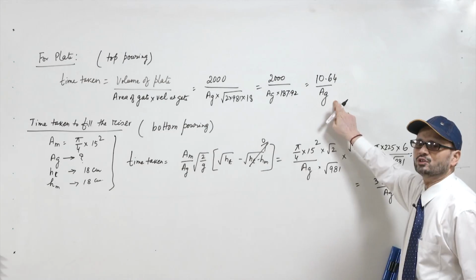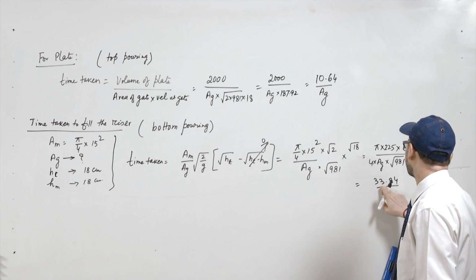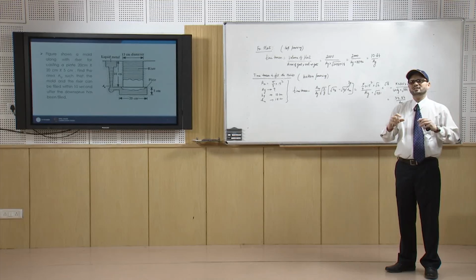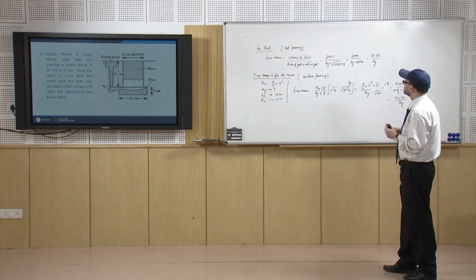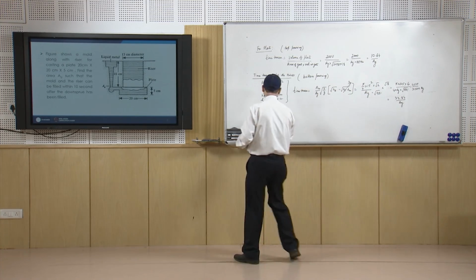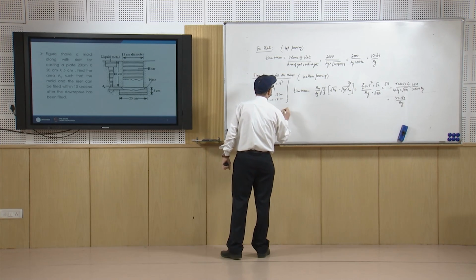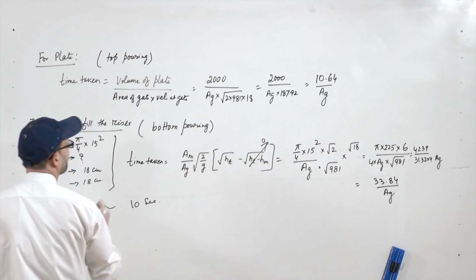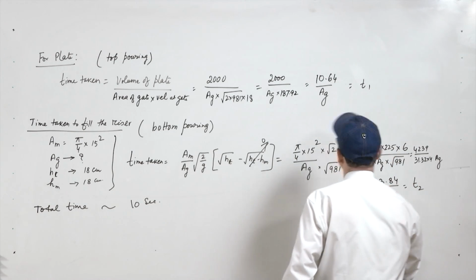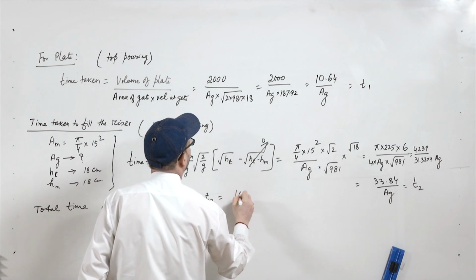So, what we see is in one case we are getting 10.64 upon Ag using the top pouring, and when we go for bottom pouring we are getting the value 33.84 upon Ag. Now, these two timings together should not exceed 10 seconds. So, if we take the limiting time, you can take the limiting case as 10 seconds. So, this is your T1 and this is your T2. So, T1 plus T2 you have to equate as 10.